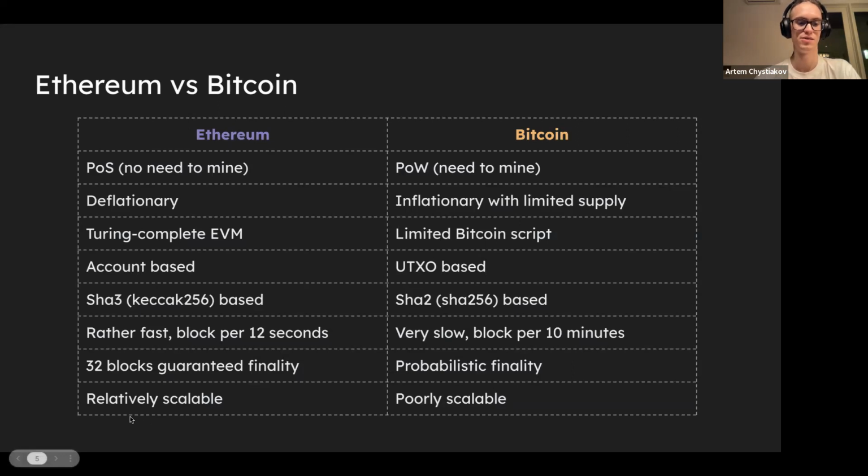Ethereum is relatively scalable. It is a bit more agile than Bitcoin. It has an active development community. We know the creator of Ethereum, and he influences the speed and the decisions that are made in Ethereum really heavily.